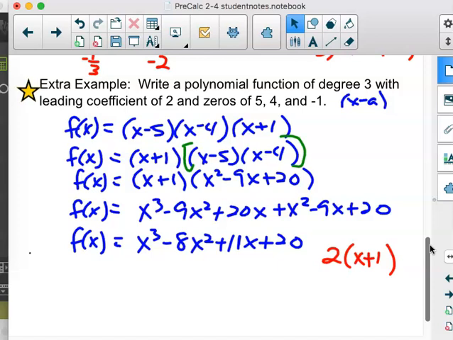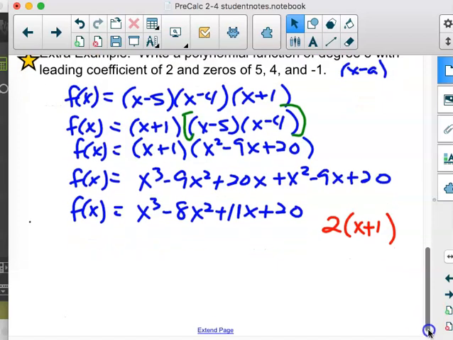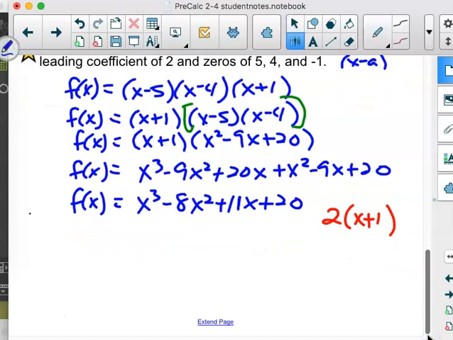So that would mean if I multiply all of these terms by 2, I'll have a leading coefficient of 2, but I won't have changed any of the zeros. So that's what I have to do. So I'm going to give it a new name where I multiply each of these terms by 2. And so that people can follow this in the notes, I'm just going to do this.